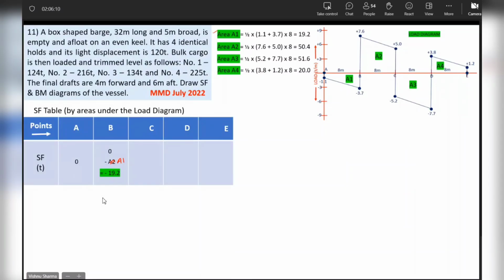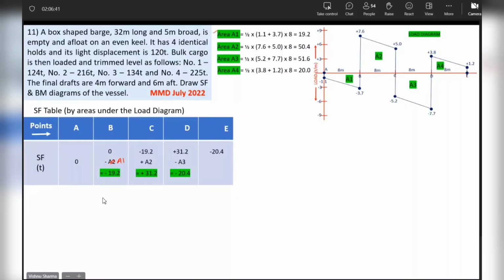Yes, sir. I carry forward this minus 19.2. Change from B to C is plus A2. So I add 50.4 to it and I get a residual of plus 31.2. I carry forward this plus 31.2. The change is area A3, minus negative area A3, and that gives me minus 20.4.